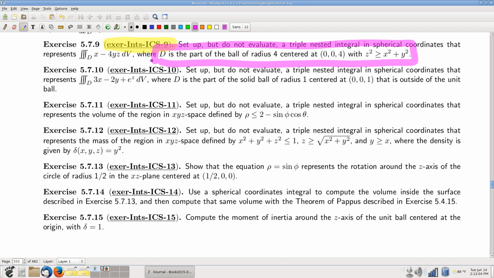Okay. All right, so let's draw the picture. We've got a ball of radius 4 centered at 4 on the z-axis. Let's start with that.